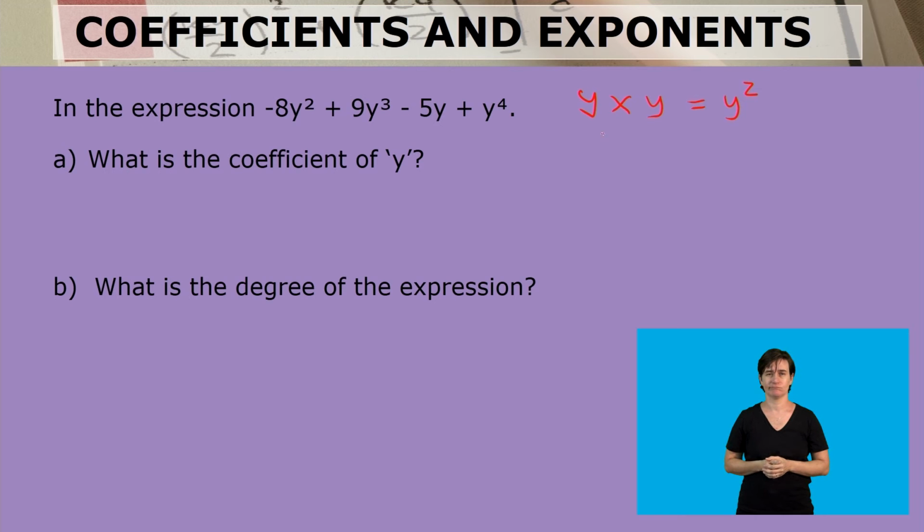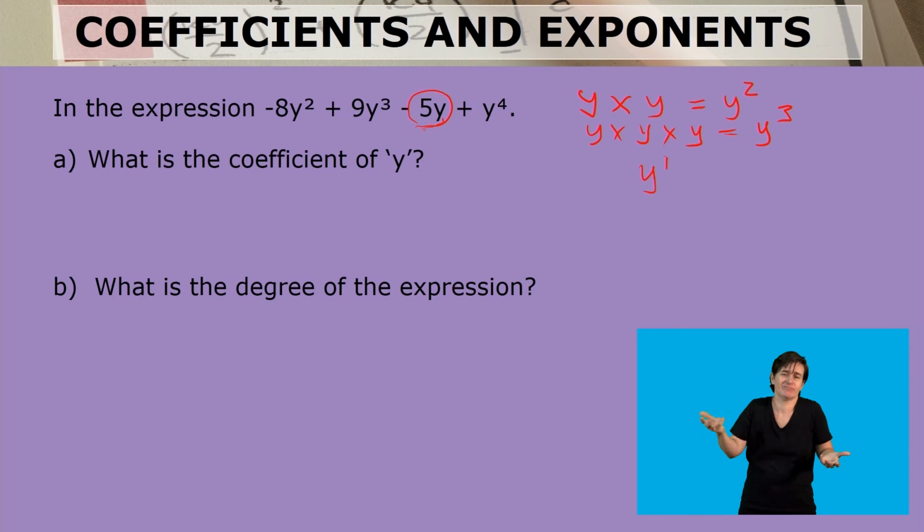The next one is y multiplied by y, which gives us y to the exponent 3. In the third term, y is raised to the exponent 1. But mathematically, we don't write that, so we call it y as it stands.